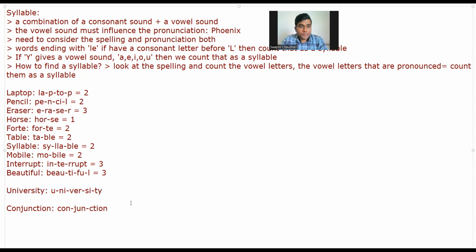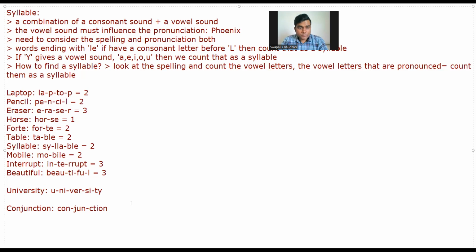university. Okay? So the first one that we have is you, ni, ver, si, and t. So over here, you can see we are getting that E sound with the letter Y. Okay?